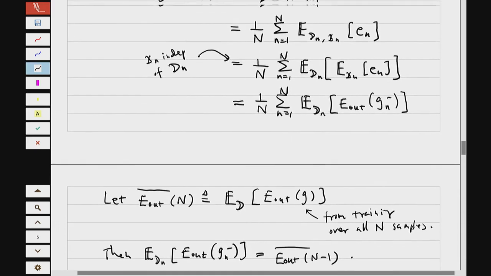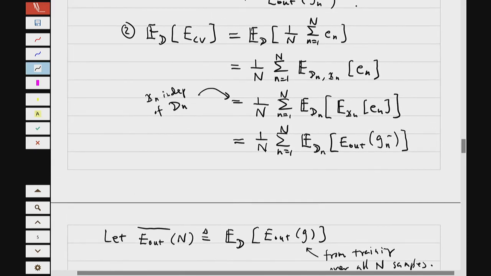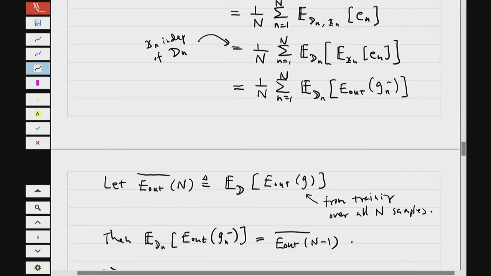So therefore, we're still trying to calculate number 2, the left-hand side. We're still trying to look for the expected value of the cross-validation error.